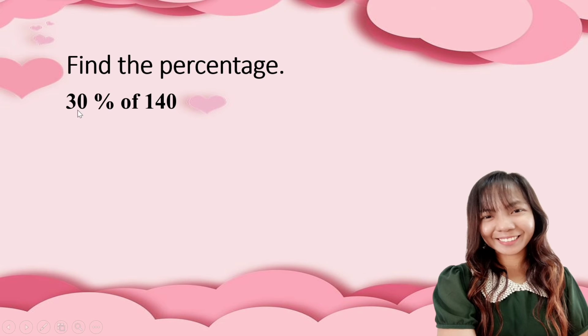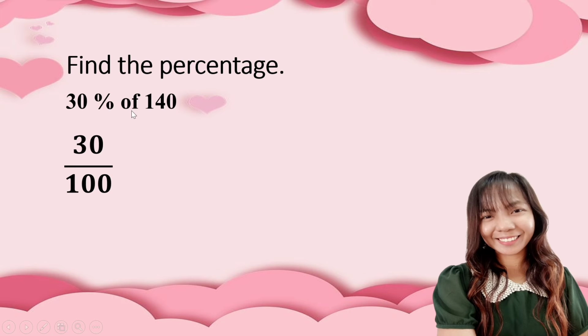So from 30%, as the definition of the percentage is, you have to make this into a fraction. So 30% is like in fraction form 30 over 100. So the denominator is always 100.